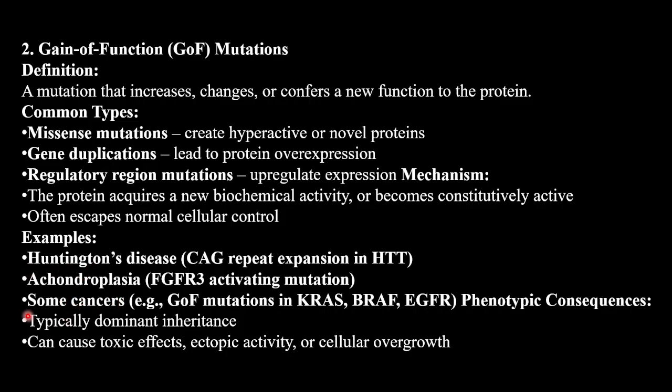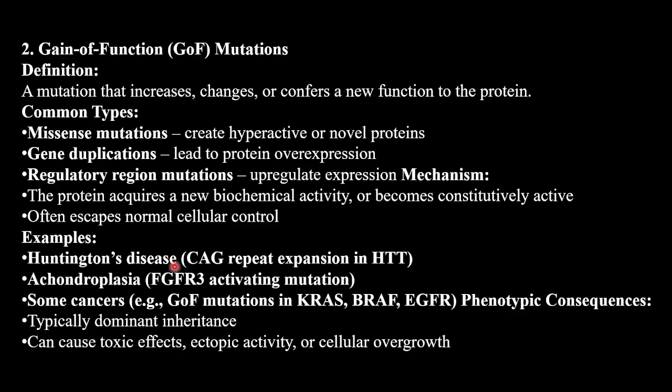In cancers, there are gain of function mutations in the KRAS, BRAF, and EGFR genes. What are the phenotypic consequences? Typically dominant inheritance, and gain of function mutation can cause toxic effects, ectopic activity, or cellular overgrowth. By the term itself you can understand that the protein is gaining excess function, and because of that it becomes toxic.